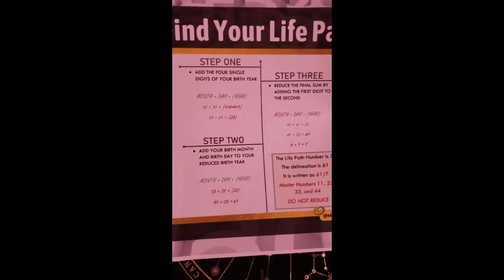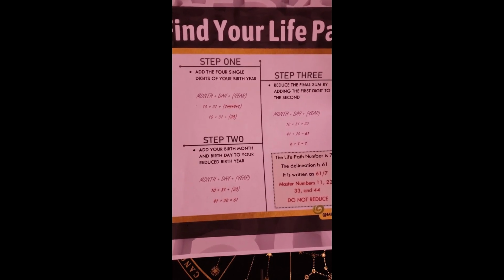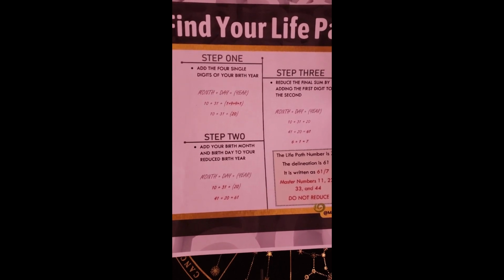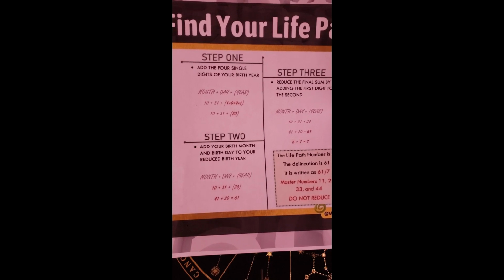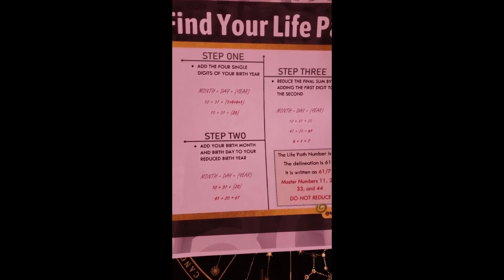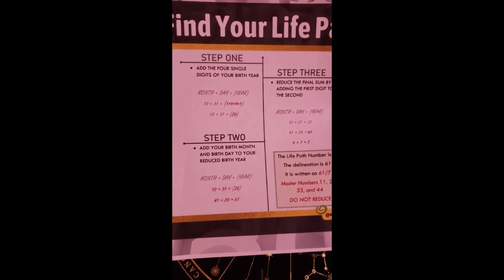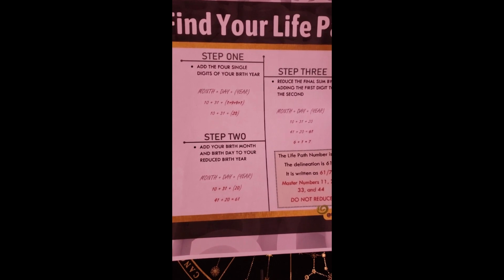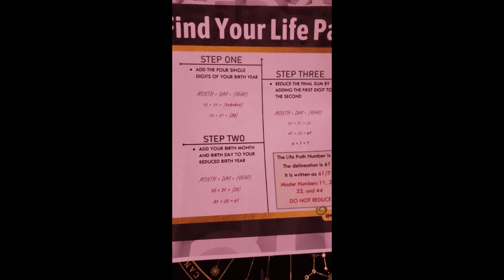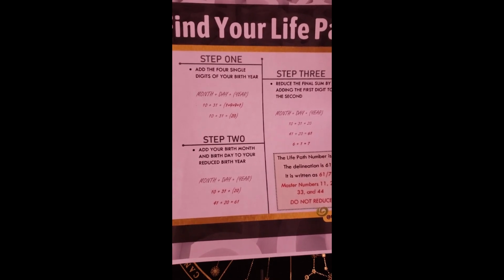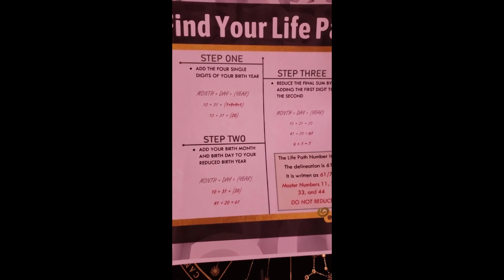The first step is to find the 4 single digits of your birth year and reduce that down until you get a number. So if you were born in 1991, like the example here, you would do 1 plus 9 plus 9 plus 1, and that would get you 20.